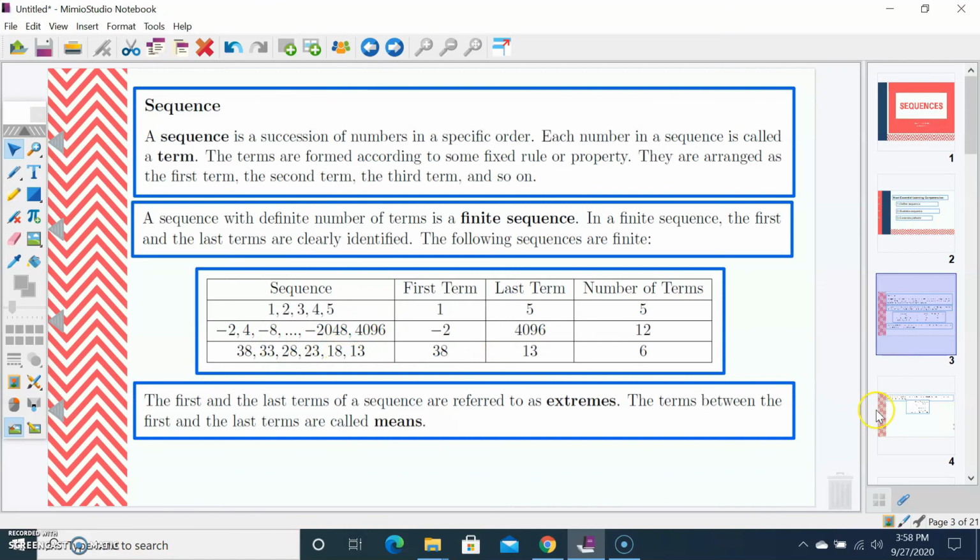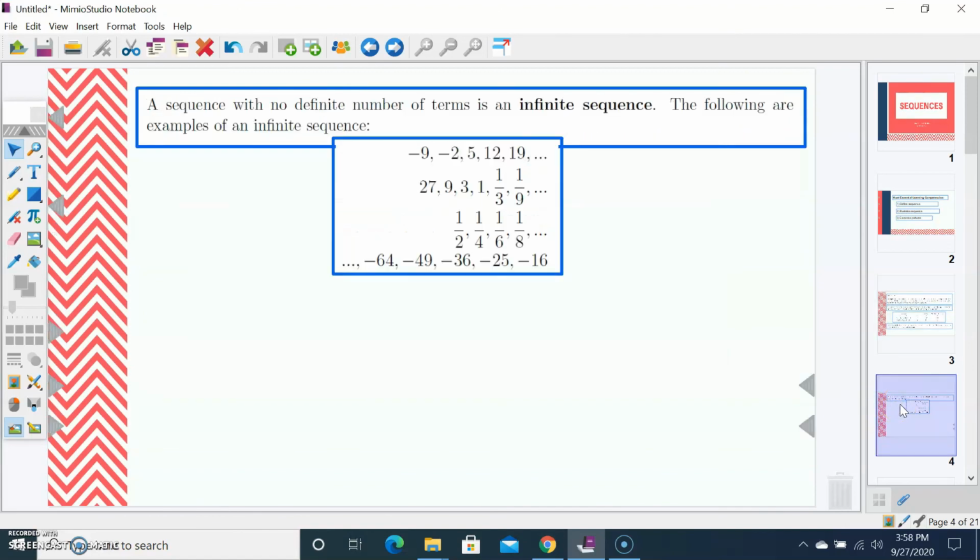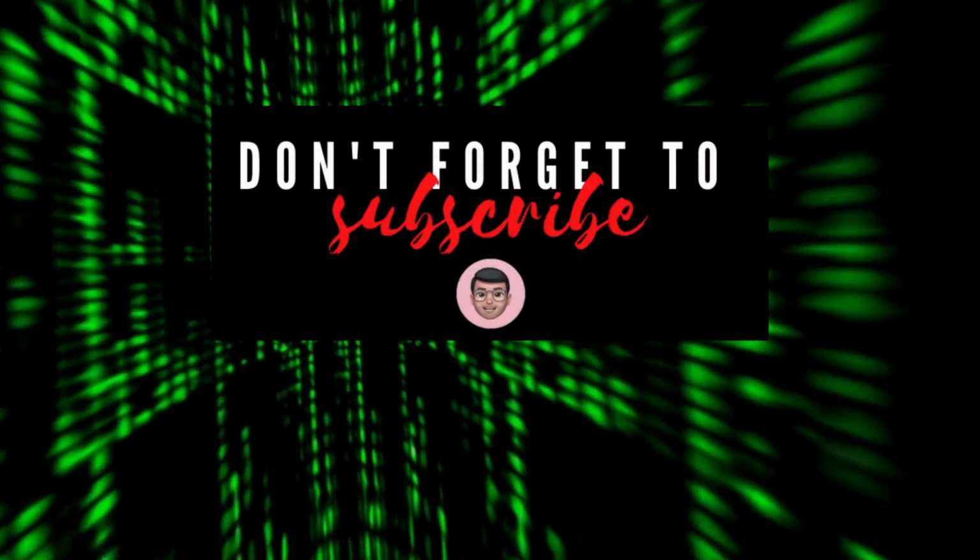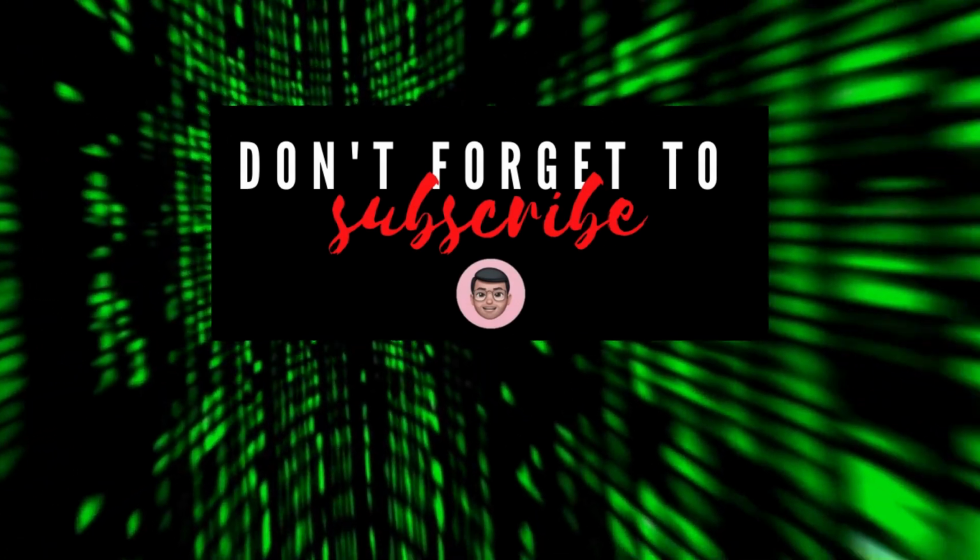So, ibig sabihin, hindi sa lahat ng pagkakataon, kahit na gumamit ka ng ellipsis, ay masasabi mong infinite yung sequence mo. Okay? Nakadepende yon sa position nung ellipsis. Pag ang ellipsis ay nasa leftmost and rightmost at wala nang susunod sa kanila na terms, that means that sequence is an infinite sequence. Okay?